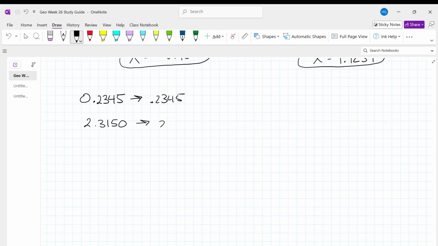It's the same. It's 2.315, and make sure you have the 0 at the end. Anybody have any questions?